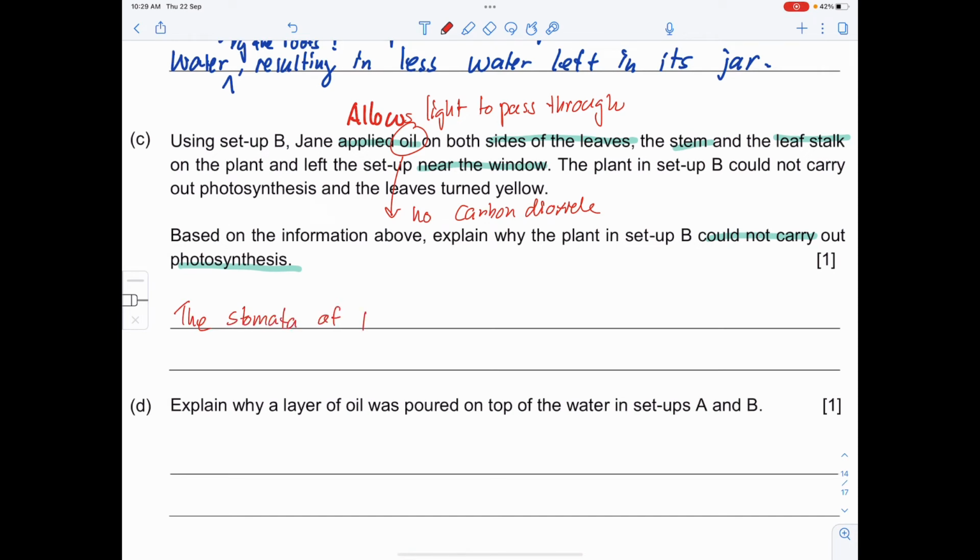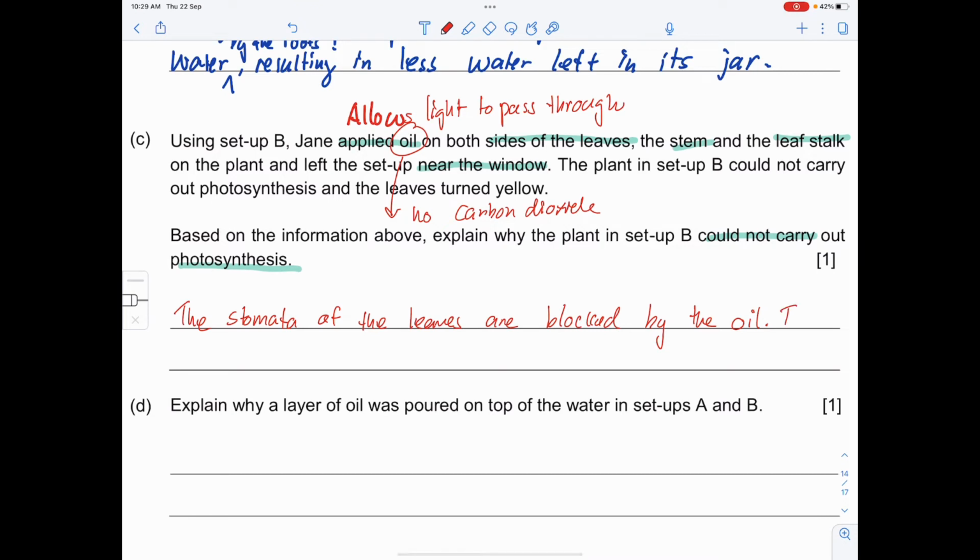of the leaves are blocked by the oil. Okay, the oil. Now, because in this case, there's only one plant, the question was being very specific. So you don't have to say, oh, the leaves of plant B. Okay, there is only one plant, right?